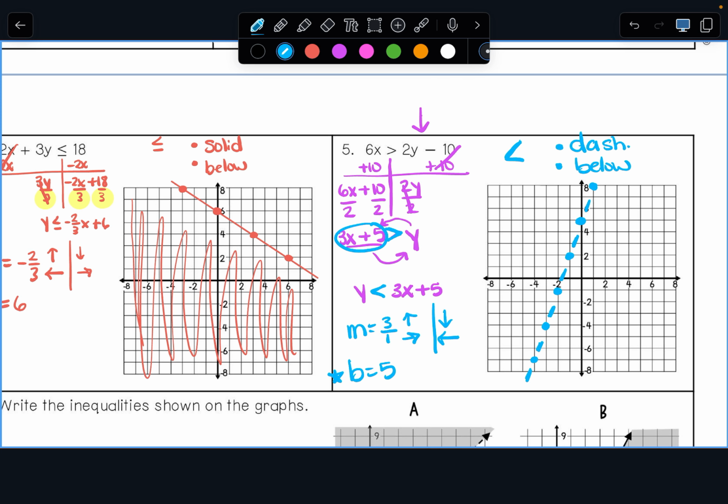And shading below the line would indicate this side. This one is a lot steeper, so yes, you probably do want to use your y-intercept. Numbers below the 5 would be your negative numbers, okay?